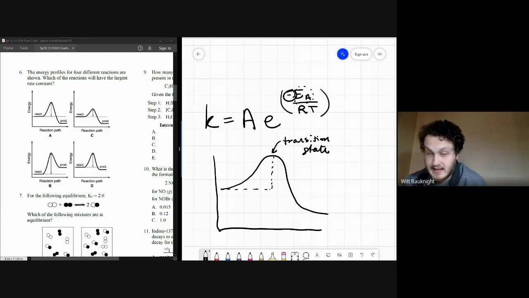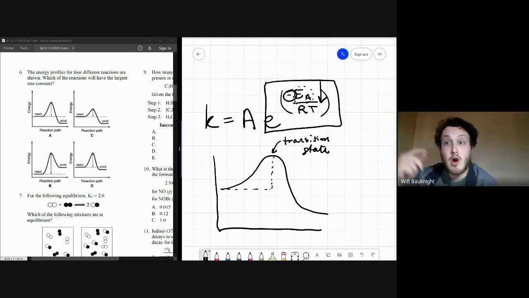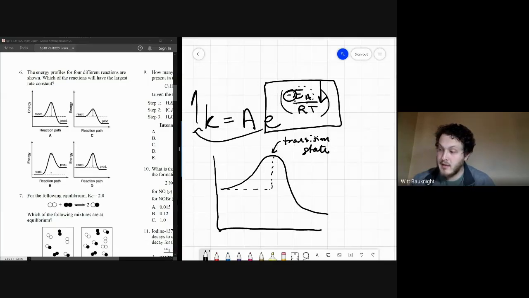Well, since this is a negative, the smaller that Ea is, the larger this whole constant is because of the negative sign. So if this is larger, then it makes k larger because those two things are directly proportional. So what you need to know: as activation energy goes down, rate constant goes up. So which will have the largest rate constant? It's going to be C, the one with the smallest activation energy.